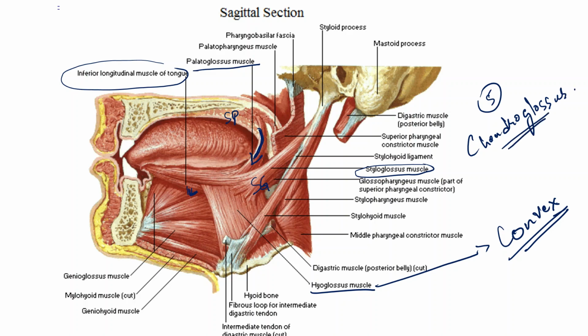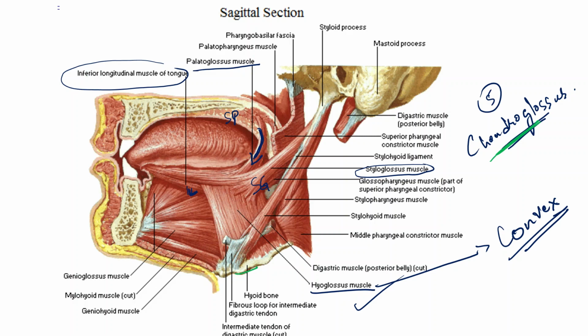They say that this chondroglossus muscle is the detached portion of the hyoglossus muscle, taking its origin from part of the body and the lesser cornu of the hyoid bone. This chondroglossus muscle is seen to get inserted onto the sides of the tongue.